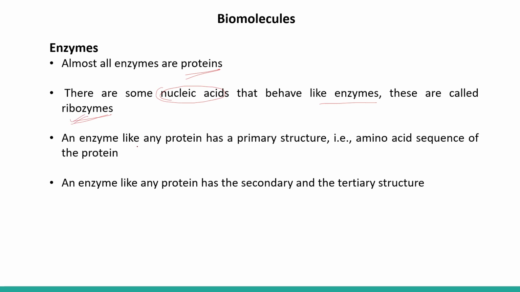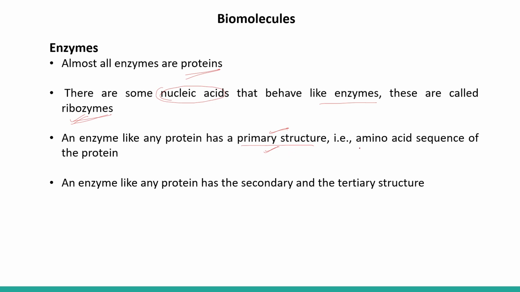An enzyme, like any protein, has a primary structure. If you talk about the structure or the conformation of a protein, they all have a primary structure. We have studied this in great detail in our previous slide, the structure of protein.